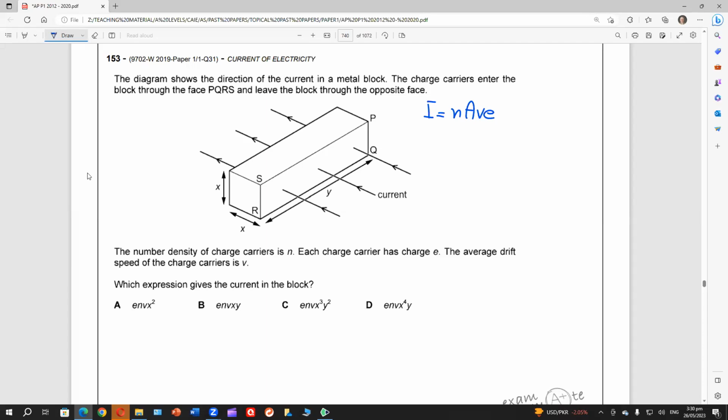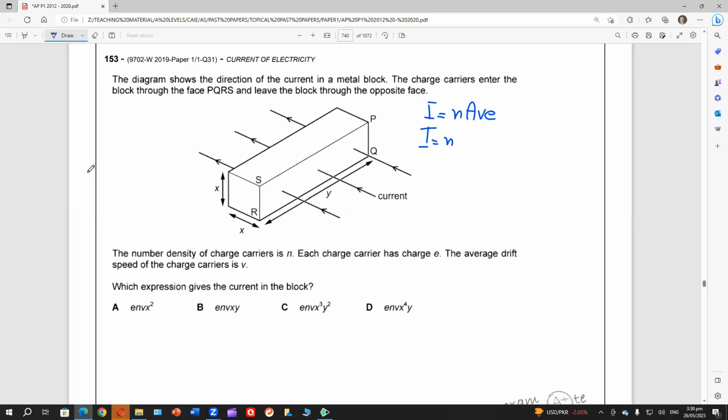It will be X into Y. So that means B is the right answer.